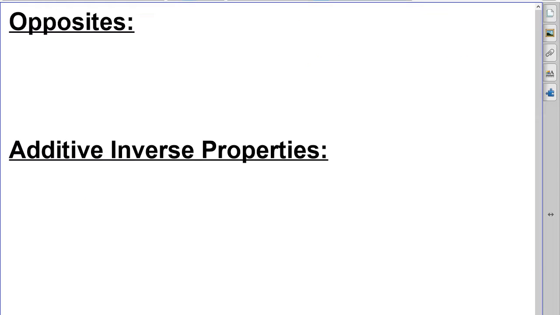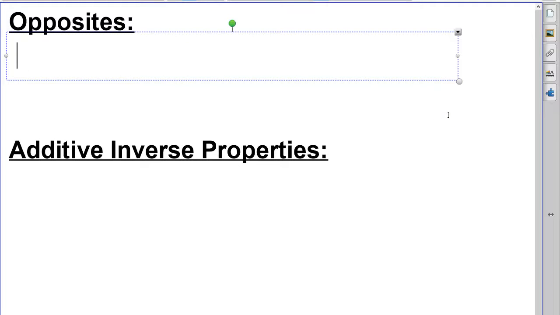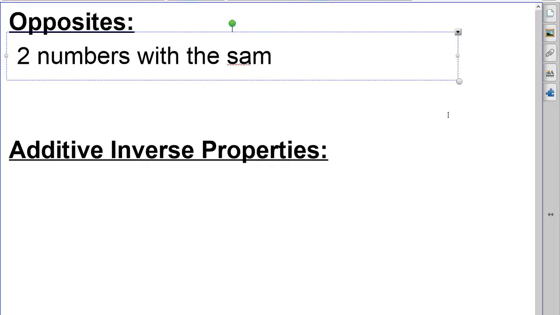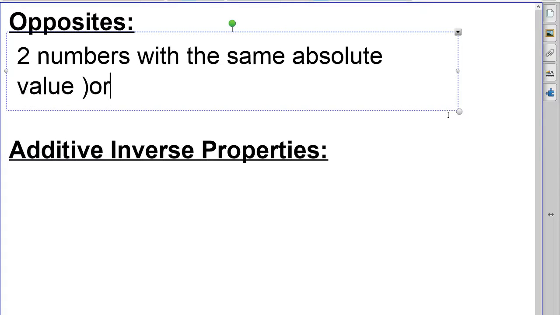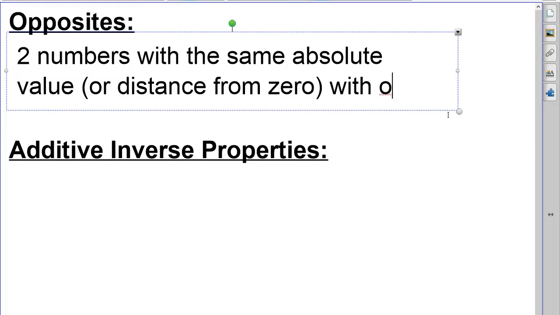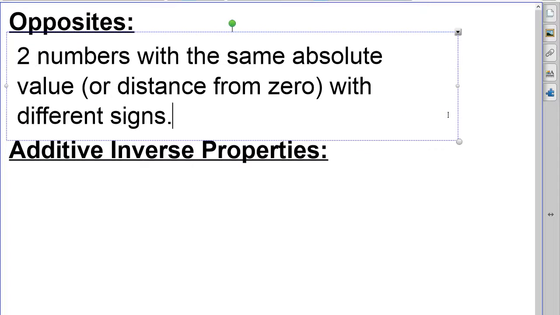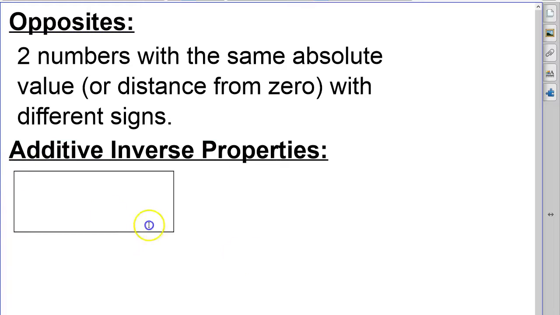And now, oh, I'm sorry, we have two more things to do here. I thought I was done. So opposites. Opposites are two numbers with the same absolute value, or distance from 0, with opposite signs, with different signs. We call them that because they sit on opposite sides of the number line.